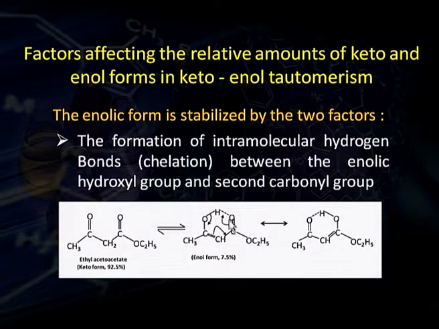Intramolecular hydrogen bond means within the same molecule, this OH is attracted towards the negative part of this carbonyl group and it forms intramolecular hydrogen bond, which stabilizes this enol form more. That is, it forms this chelate. Chelate means ring-like structure.